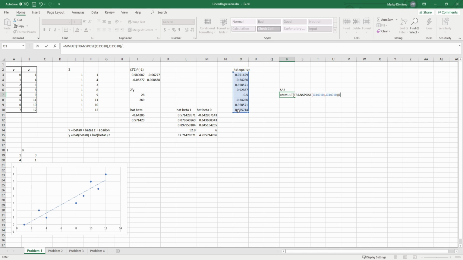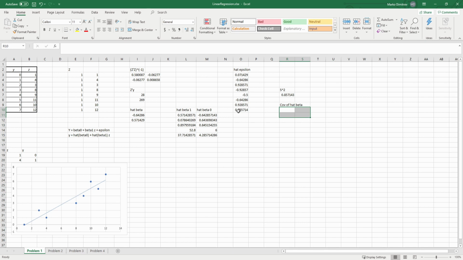So our n is 8 minus 3 plus 1, 2 plus 1, 3, because we have, let's write it like that. So this is our estimate of our variance, and we know that it is unbiased. So to get our covariance of hat beta, the covariance matrix is going to be 2 times 2, right?